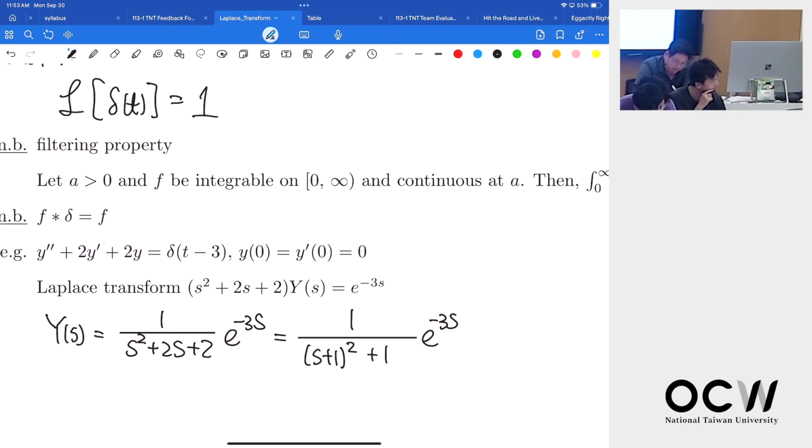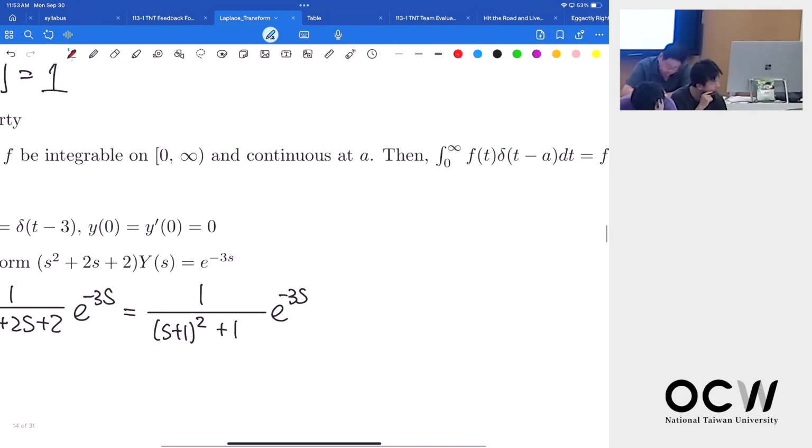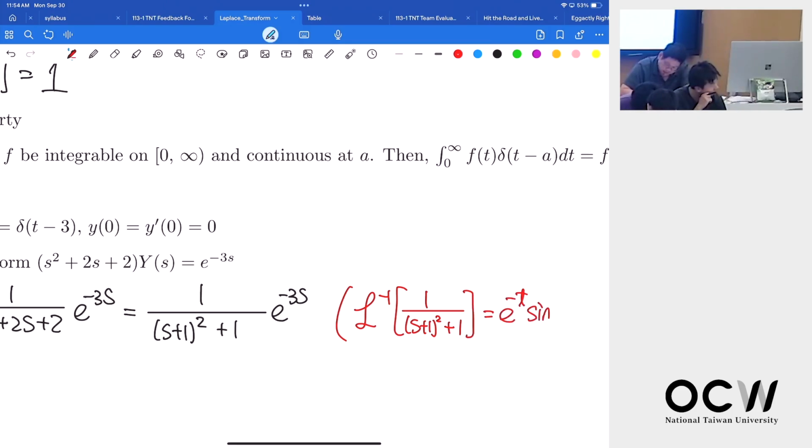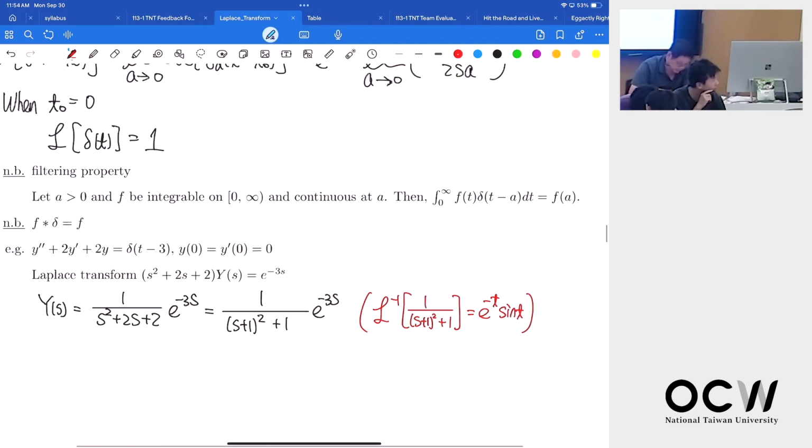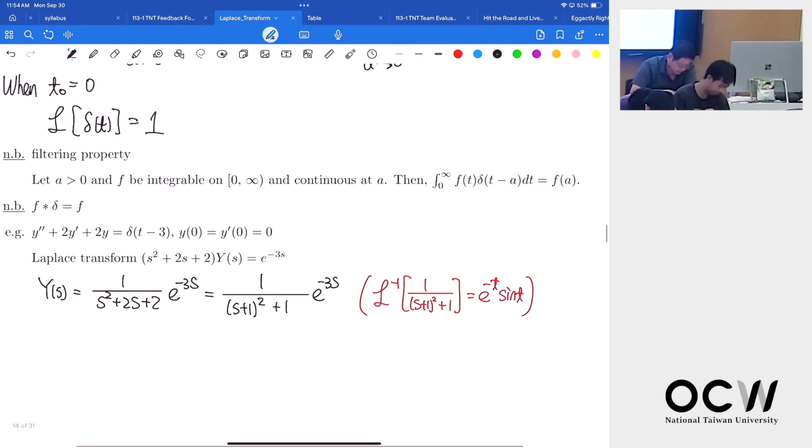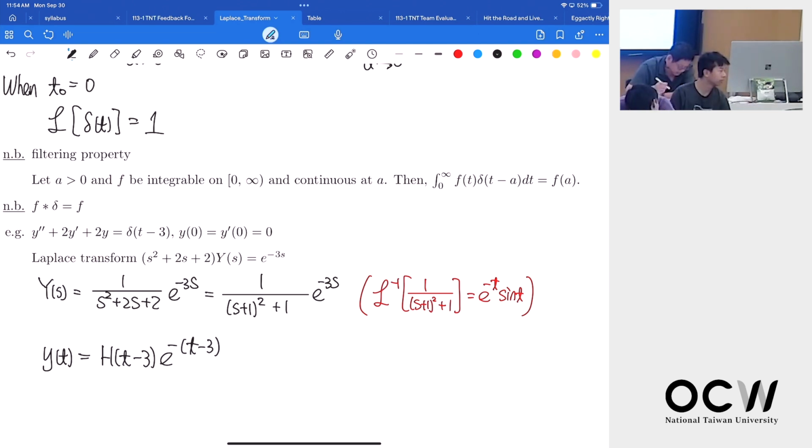Then the inverse Laplace transform is e to the minus t sine t. Therefore, this is e to the minus (t minus 3) sine (t minus 3).